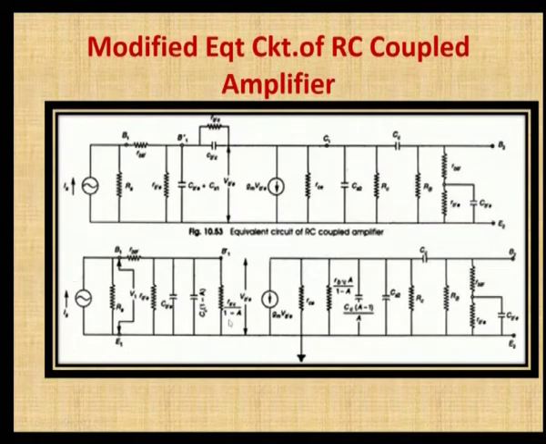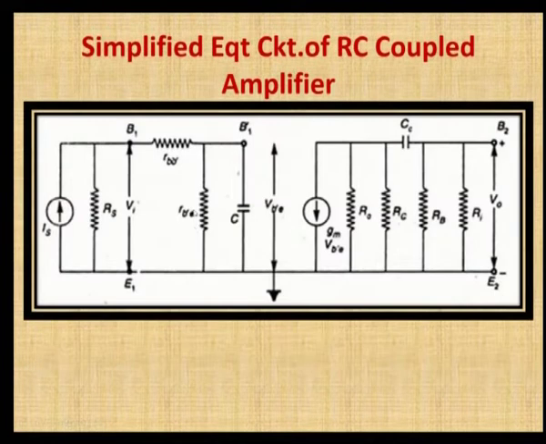What are the assumptions? When you compare the second circuit and the next circuit, all these capacitances are omitted and this resistance is omitted. Here also the resistance and the capacitance are omitted because the gain is very high. So, when you see here those components are omitted.